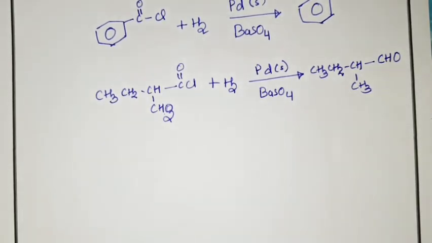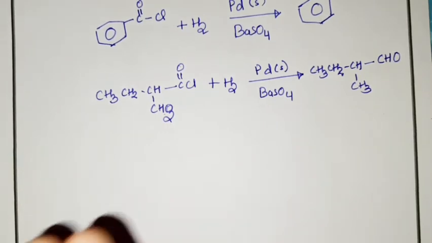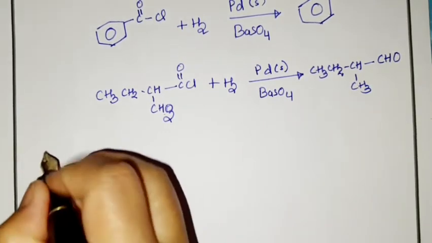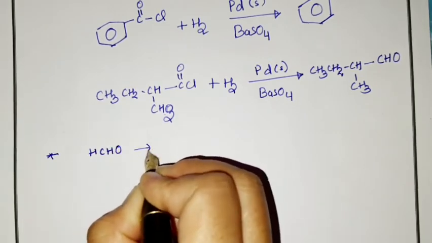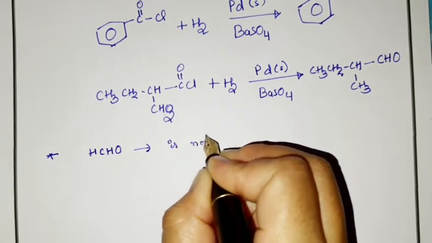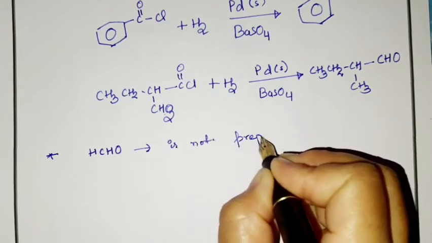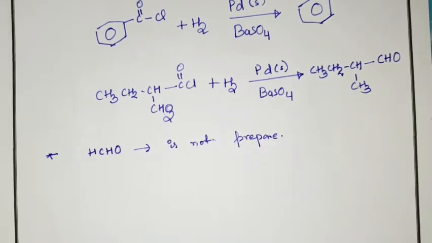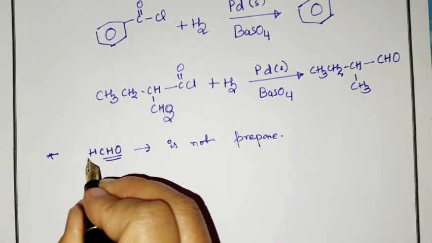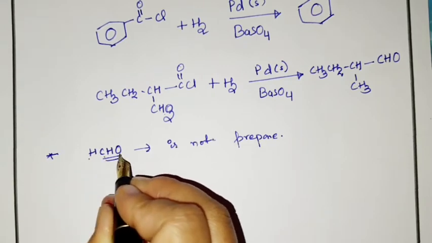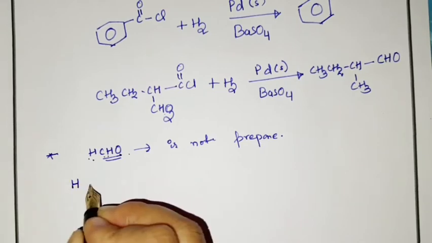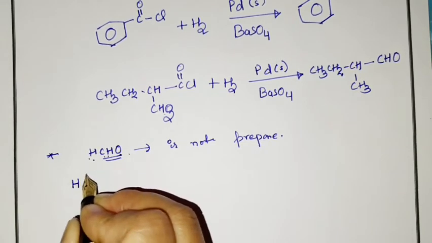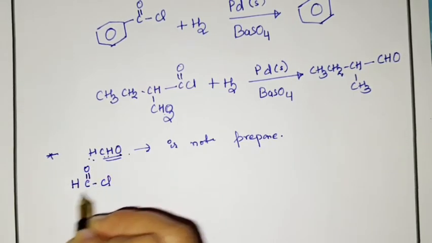Now from Rosenmund reduction, formaldehyde is not prepared. Why? Because in order to prepare HCHO, formaldehyde, what you need is HCOCl, that is C double bonded O, Cl with H, isn't it?